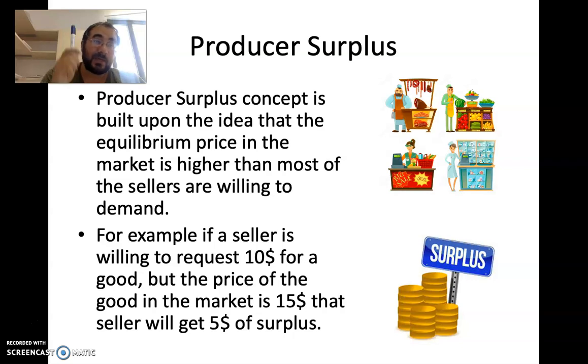So, for example, if they sell this pen, they say, at least I need to get, for example, 2 Turkish lira from this pen.